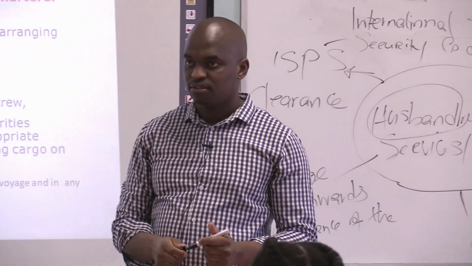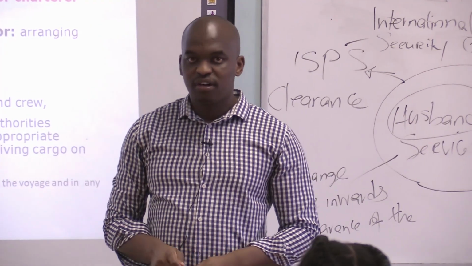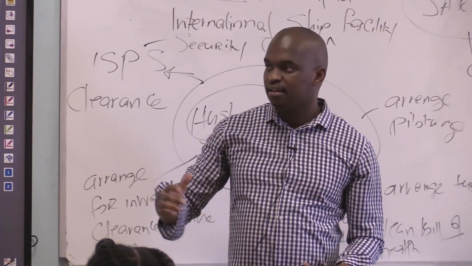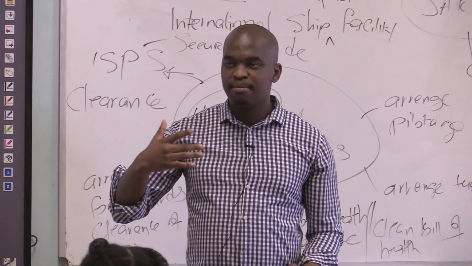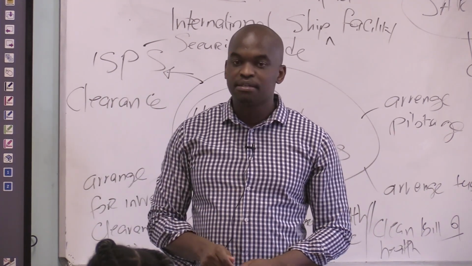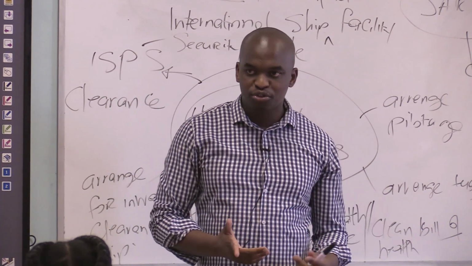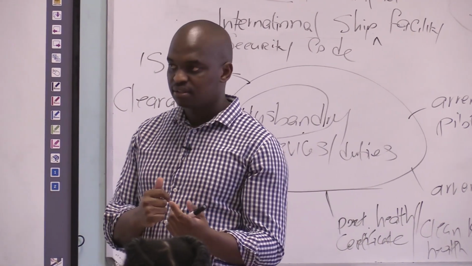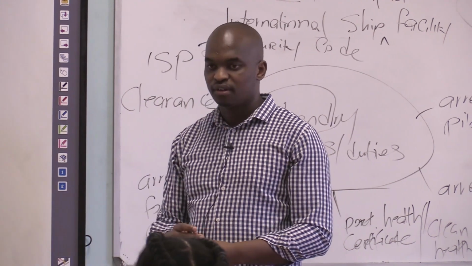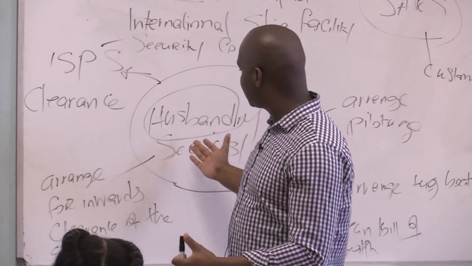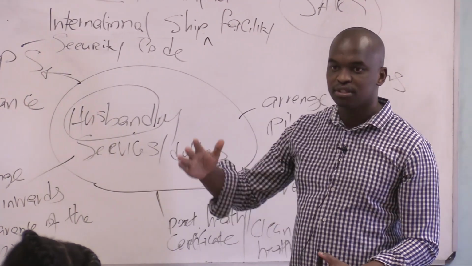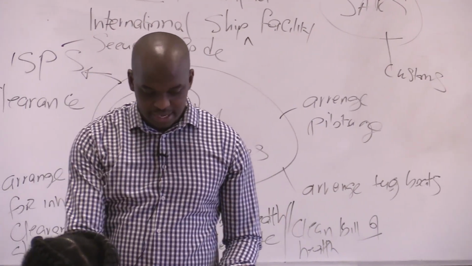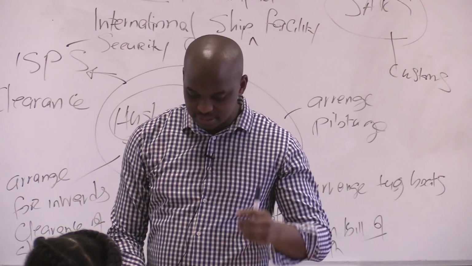Each time you refer to a ship as an agent, you're not going to say, I'm making an example, MSC Sinfonia just came into port. You're going to say she came into port. Usually they'll use that language. They refer to her as she, because these are the kind of duties that are performed to look after a ship, which is a she. Hence, they're referred to as husbandry services.